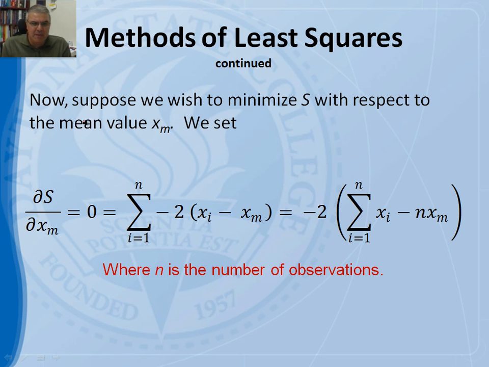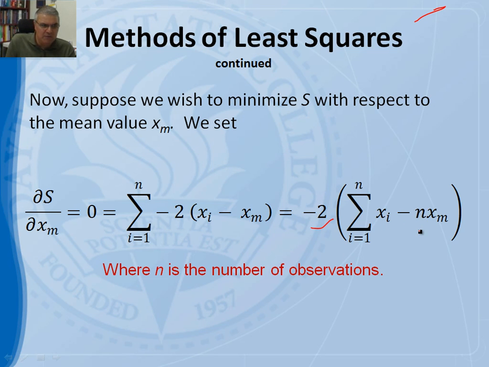So we take x of m as a variable, and as you know from calculus, you can simply take the derivative as such, and since x of m is the variable, you're going to have minus 2 here. That's a constant. We take the constant out, and then still keep the summation, and then x of i minus n times x of m, since i goes from 1 to n.